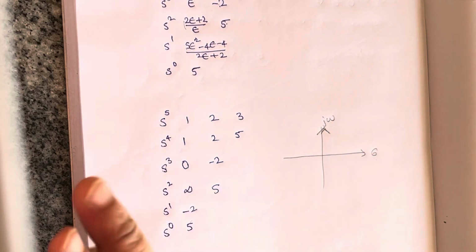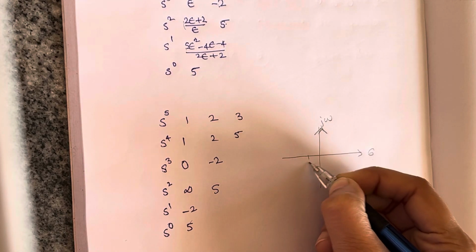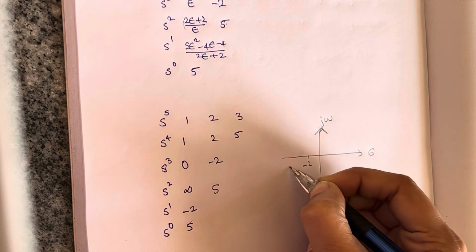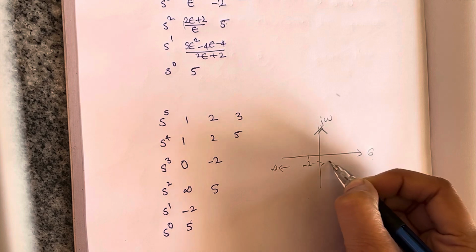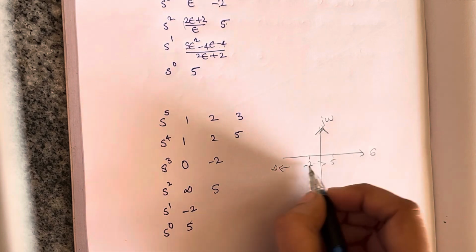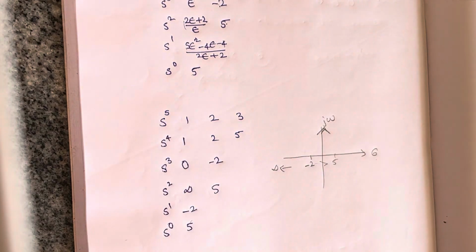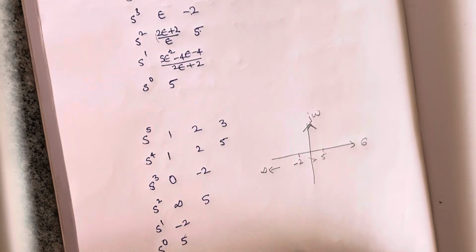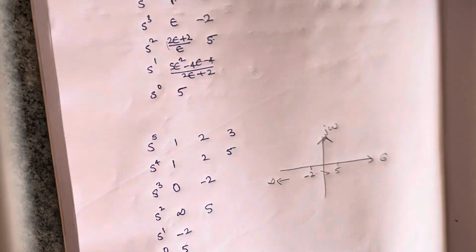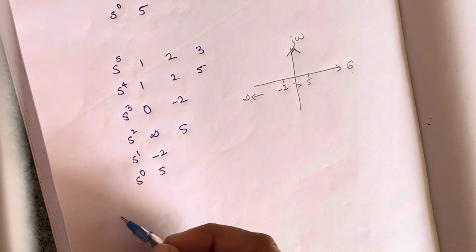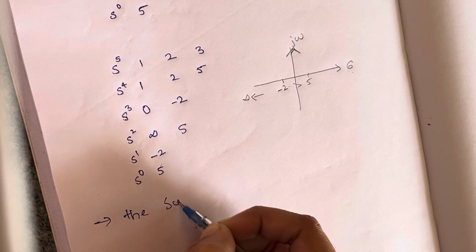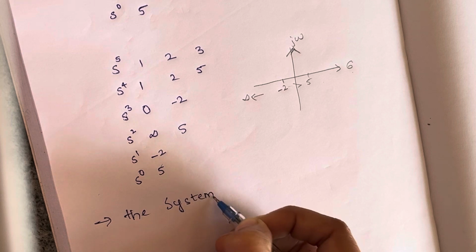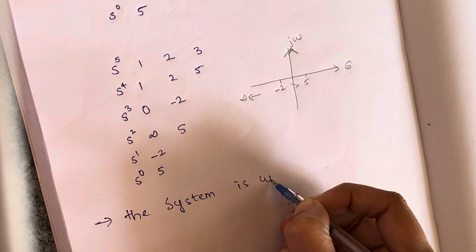You're having two sign changes, that is minus 2 to infinity, and another one is minus 2 to plus 5. You have two sign changes. So we can say that the system is unstable.